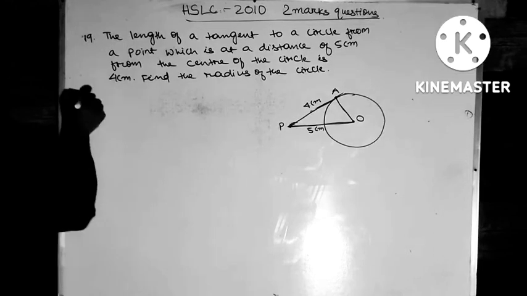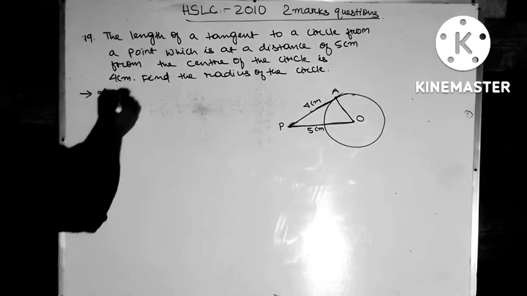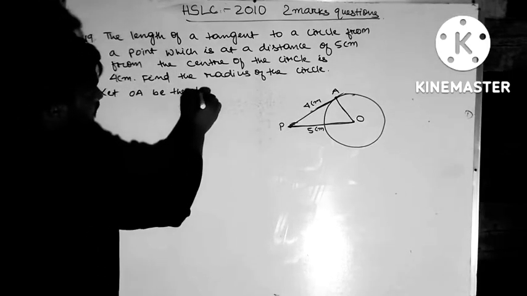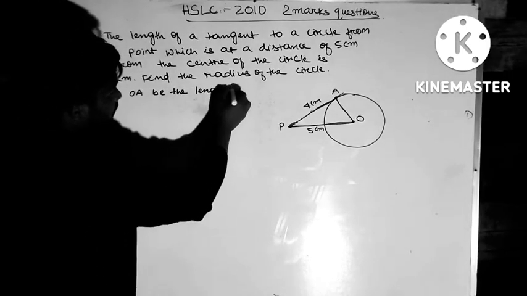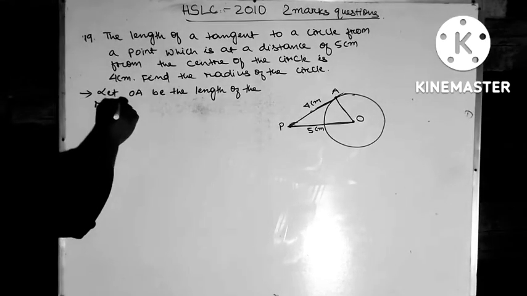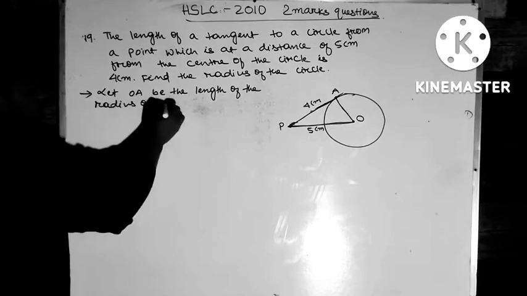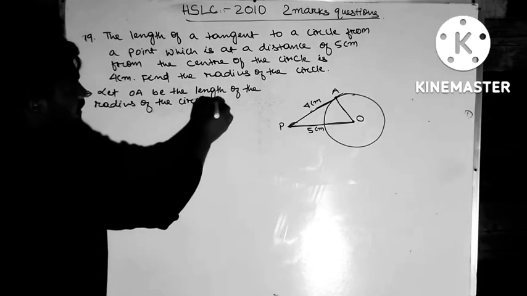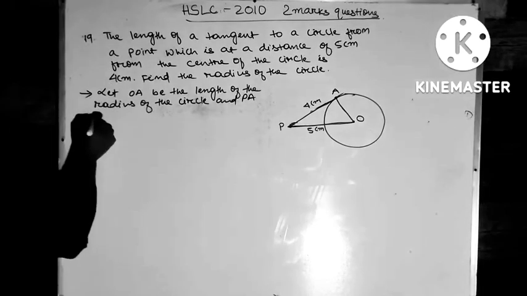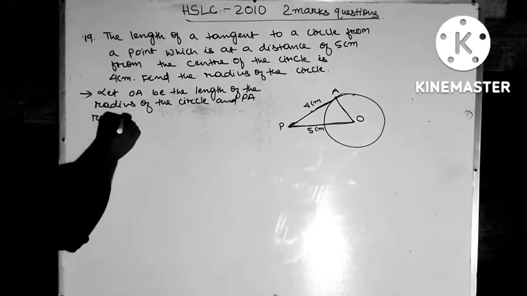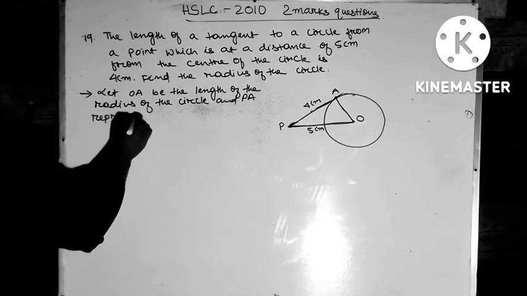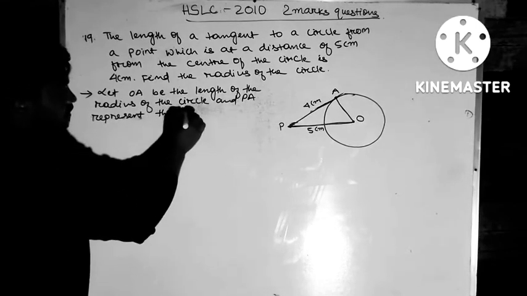Let me write here: let OA be the length of the radius of the circle, and PA represent the tangent.